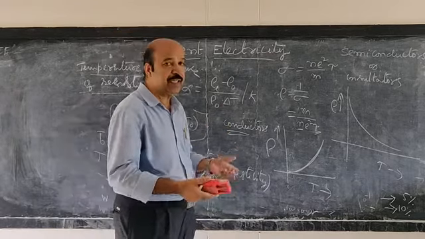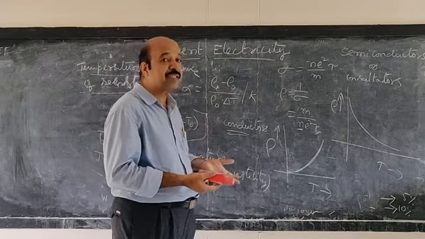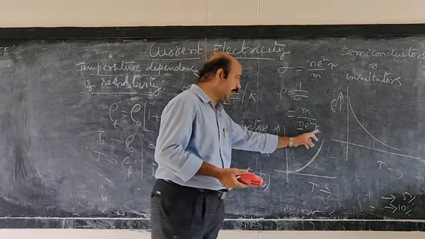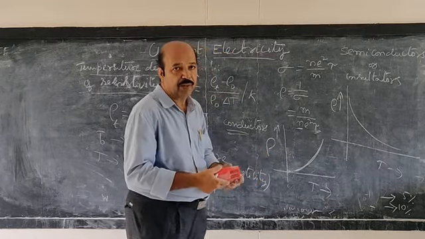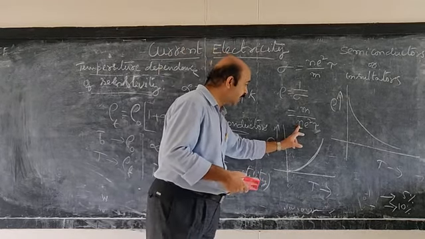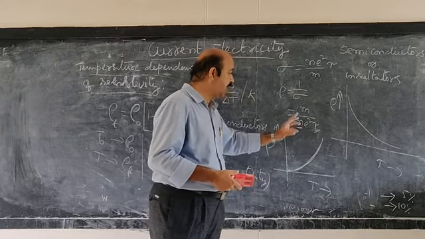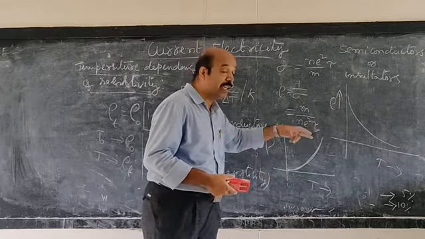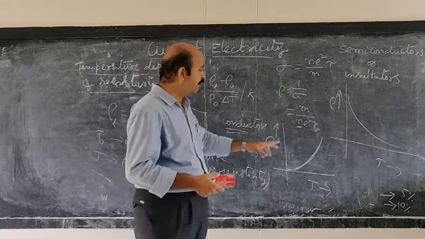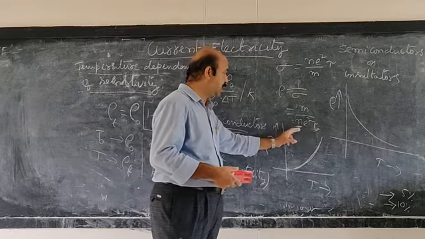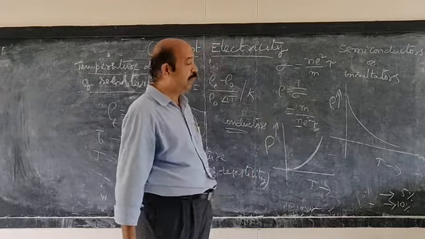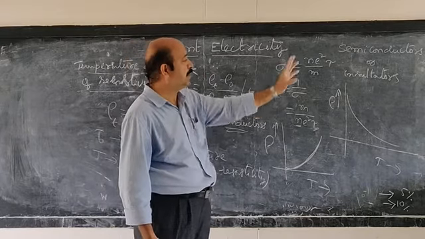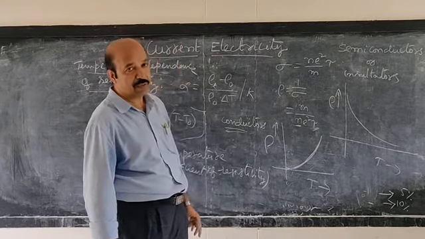So as the temperature increases, the charge carriers are generated. So this number increases. Of course, the relaxation time also decreases due to collisions, but this increase in number of charge carriers dominates the decrease in the relaxation time. Hence, due to increase in number of charge carriers, rho value decreases in the case of semiconductors or insulators.